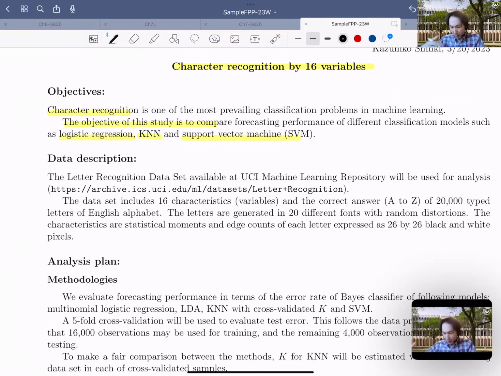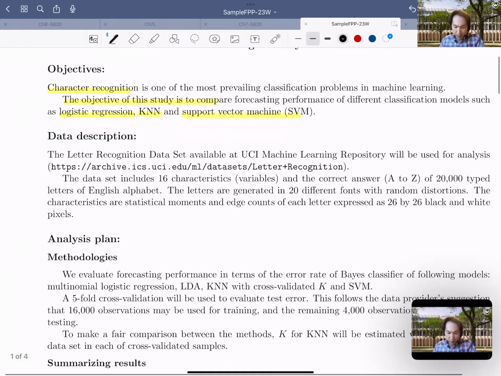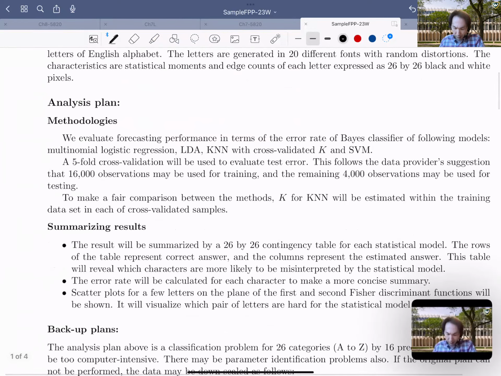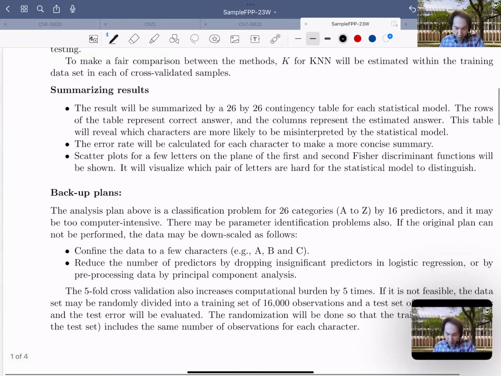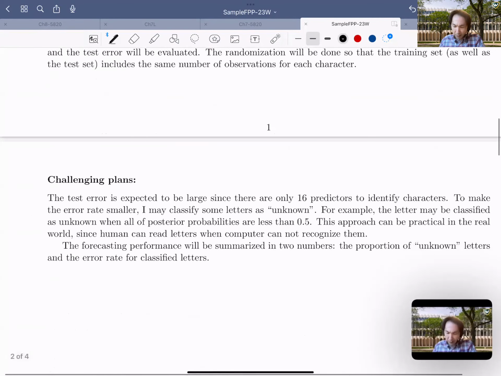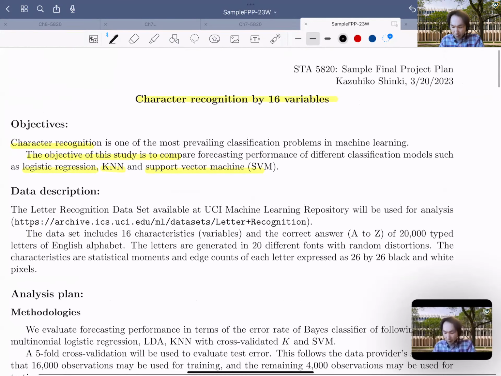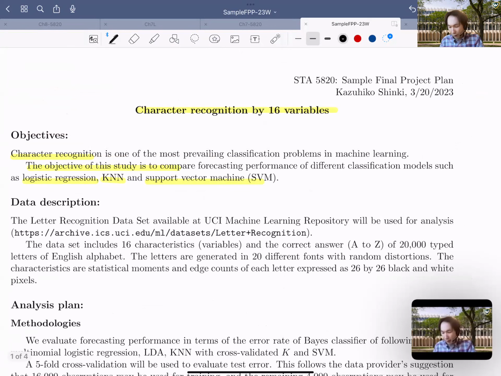The original image is, I think, maybe 16 by 16 pixel data, so originally we have 256 cells, but it has just 16 summarized variables.